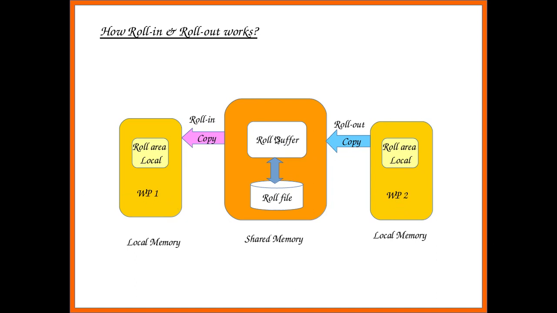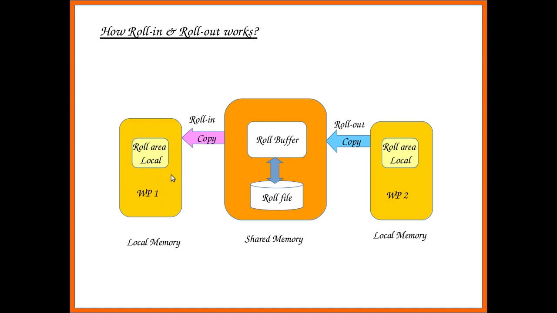When a new user starts a program or executes a transaction, it copies the roll file, or if it already exists in the buffer, then it copies the data into the roll area local to that work process, and then execution starts.